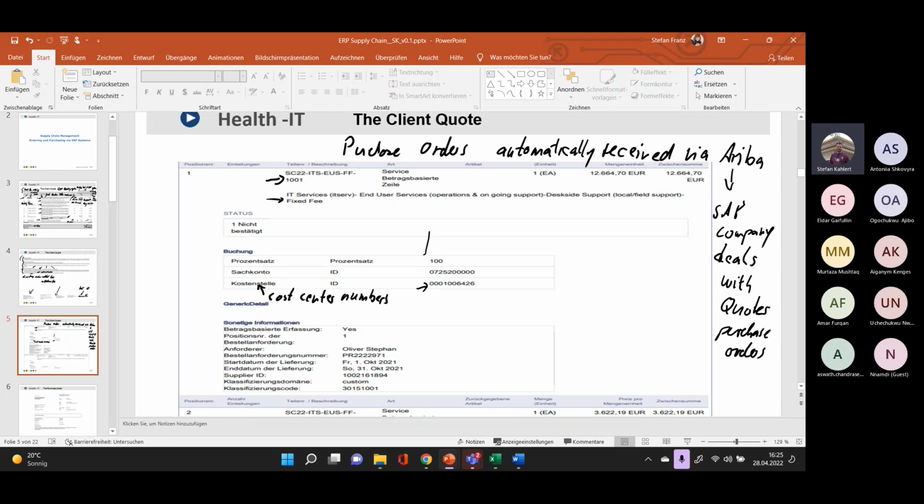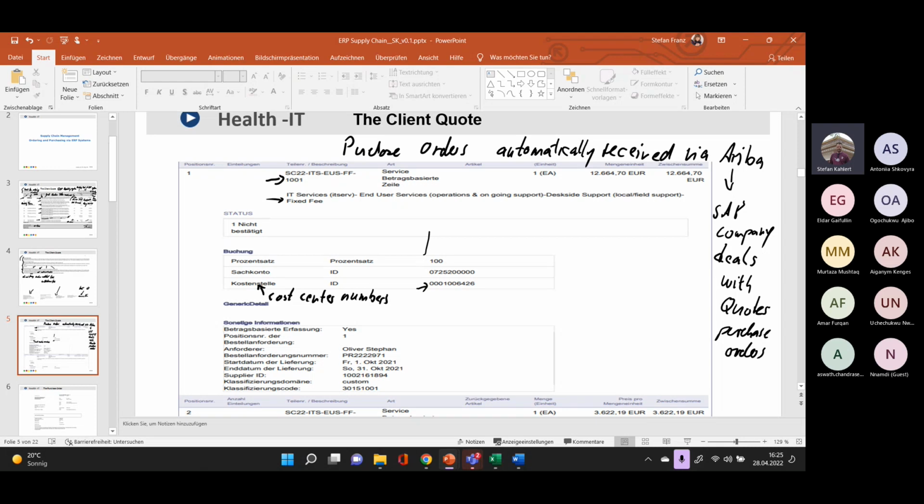It's an automatic process, and this bears the risk that something goes wrong. This is why you have to check if everything is okay and if the cost center is right, the tax ID and everything. Otherwise, you will have problems afterwards.